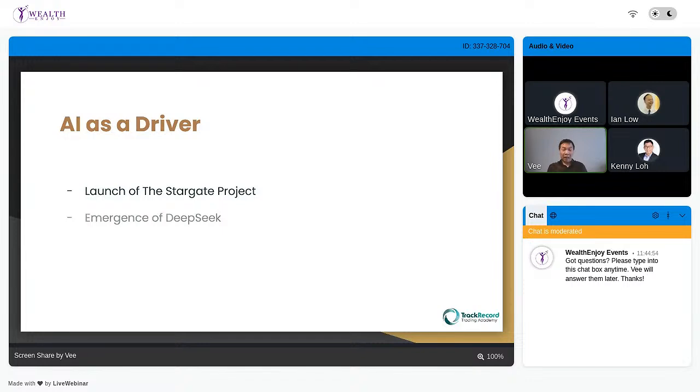And another thing that has captured the imagination of the markets, but also increased fear that AI is overvalued, is the emergence of an AI from China called DeepSeek.